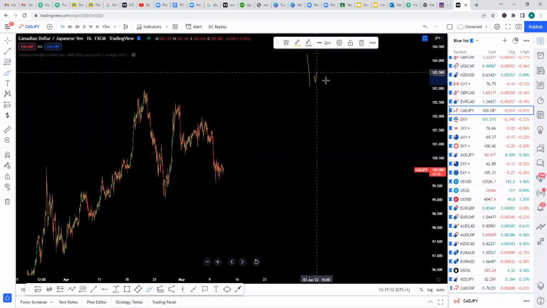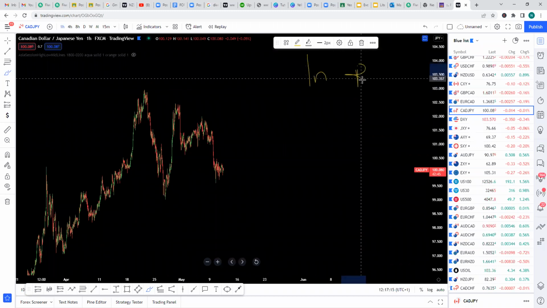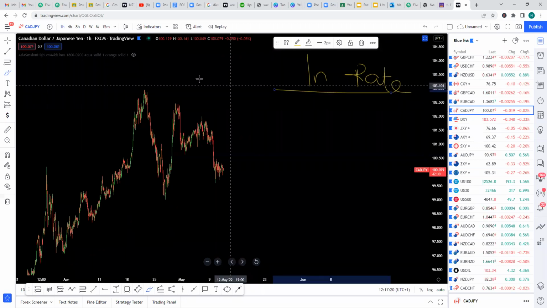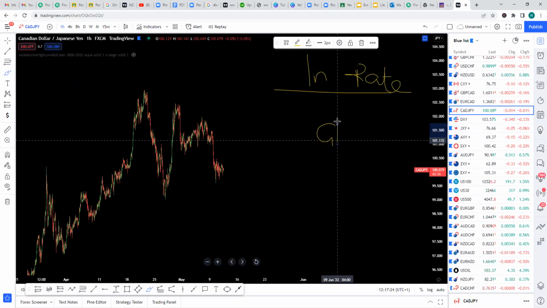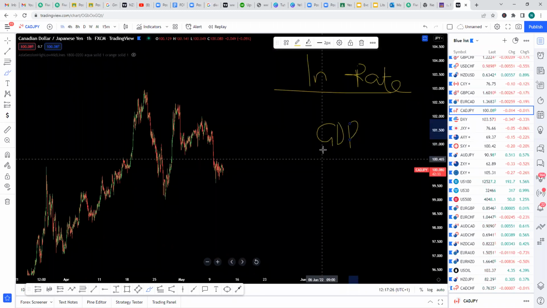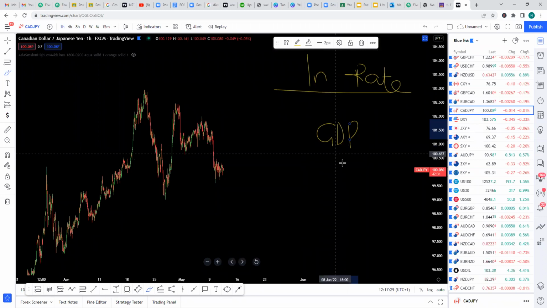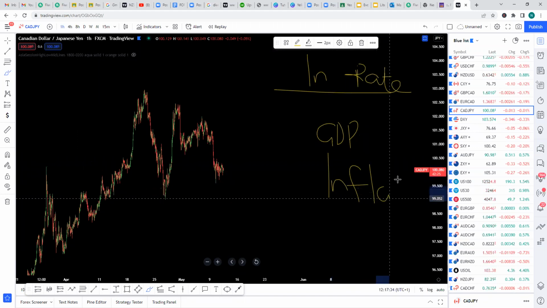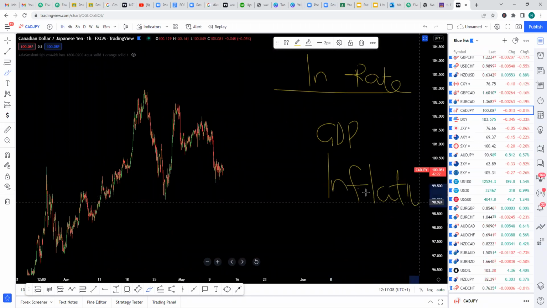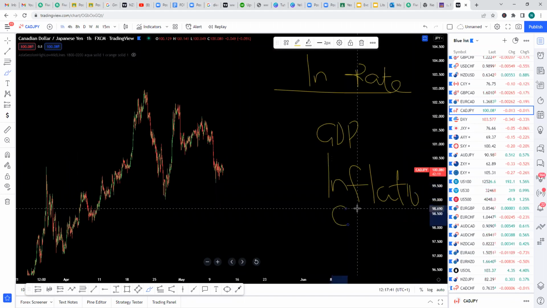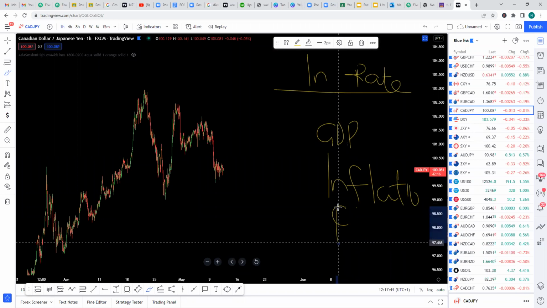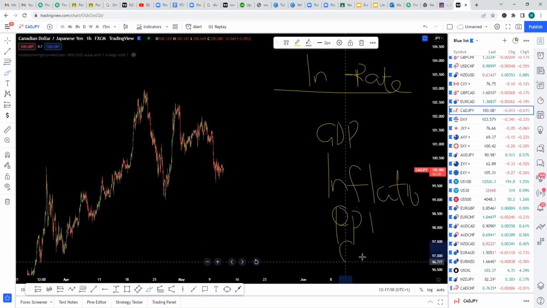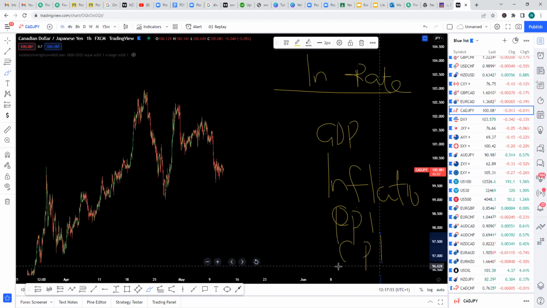why interest rate is so important. You know, why is interest rate so important over and above GDP, over and above inflation, over and above, let's say, producer price index, PPI, and consumer price index, CPI.